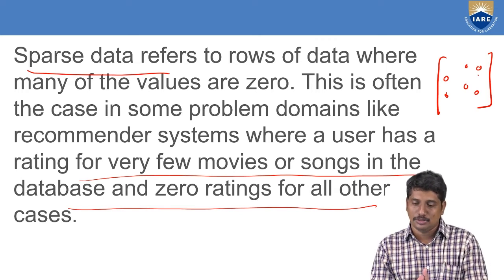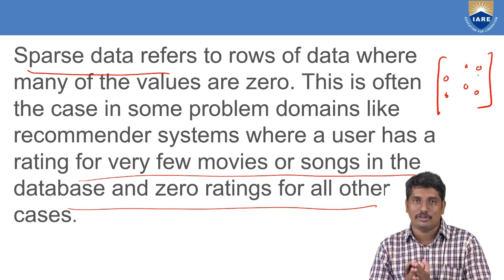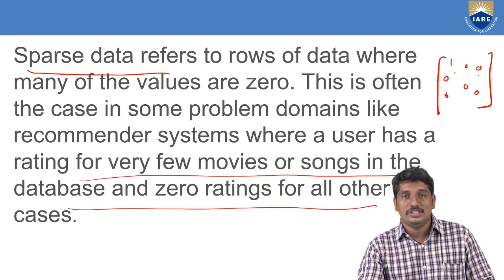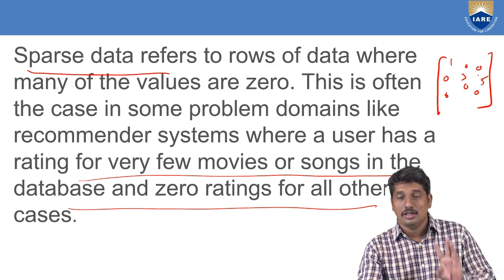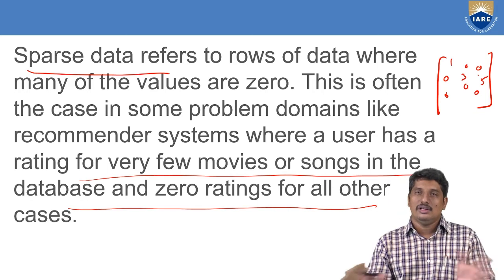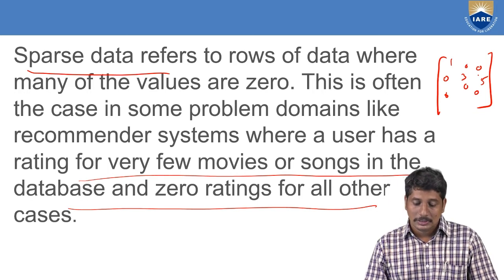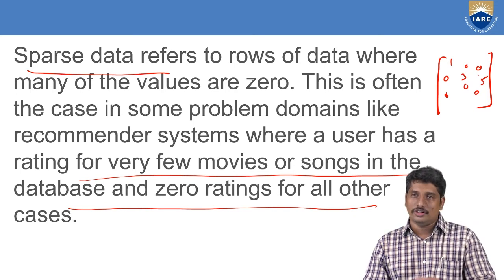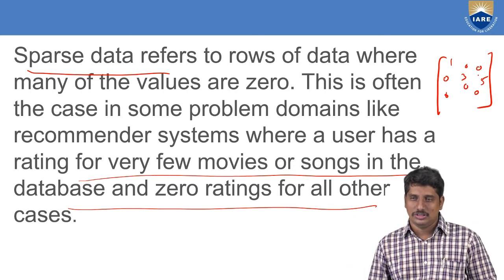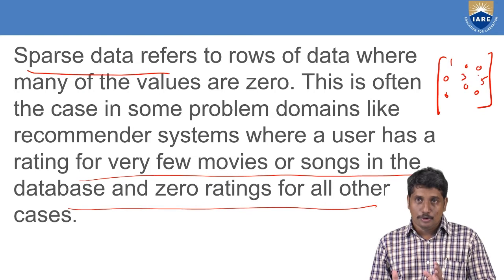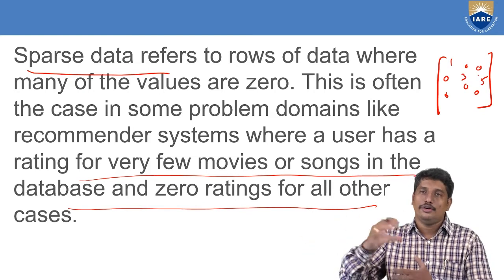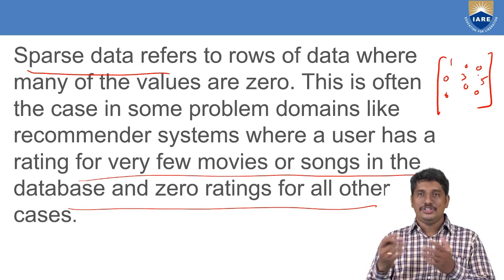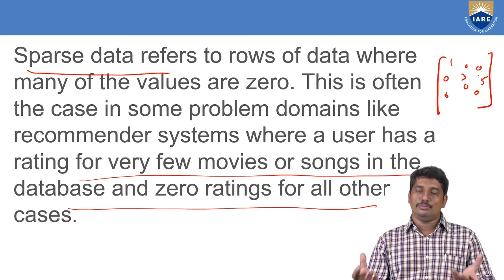If the data represents movies on an OTT platform like Netflix, an entry of 1 means a rating of 1, 3 means a rating of 3, 5 means a 5-star rating, and 0 means not at all interested in those movies or songs. So you can remove those songs or movies and replace them with new ones, and you can improve the efficiency of your OTT platform or your music platform.